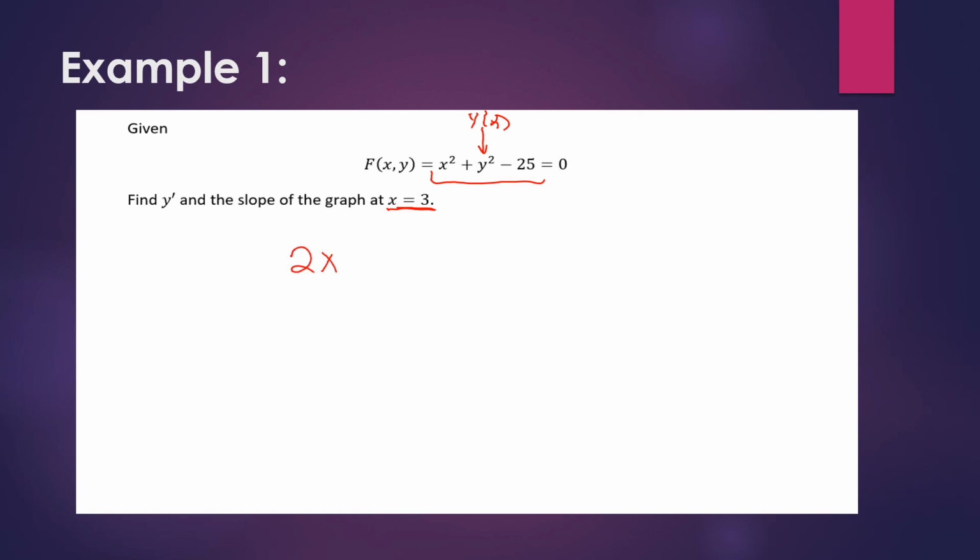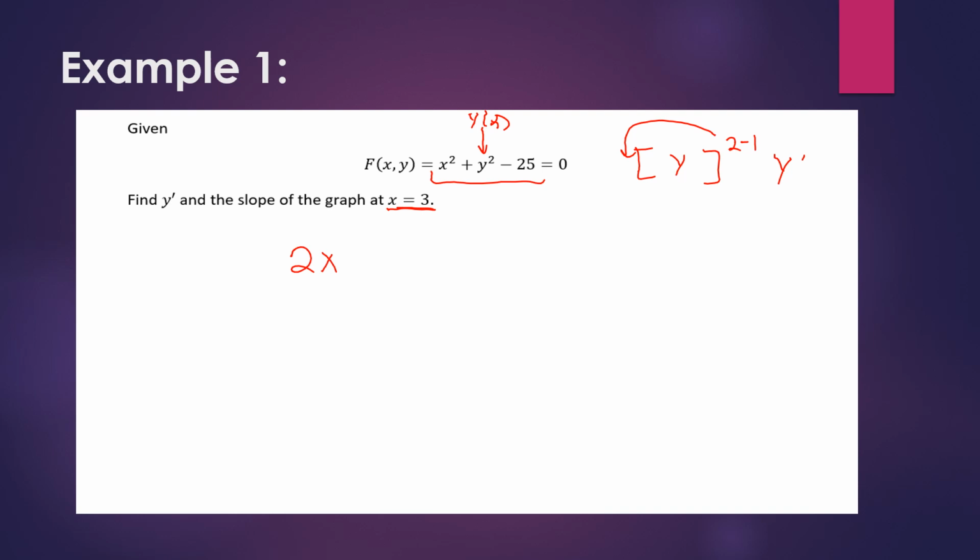Now if I want to take the derivative of y squared, we actually have to use the chain rule. Because remember, y is some function, and it's being squared. So I'm not really sure what this function is. It is y. So the chain rule says, take the derivative using the power rule, and then multiply by the derivative of the inside.